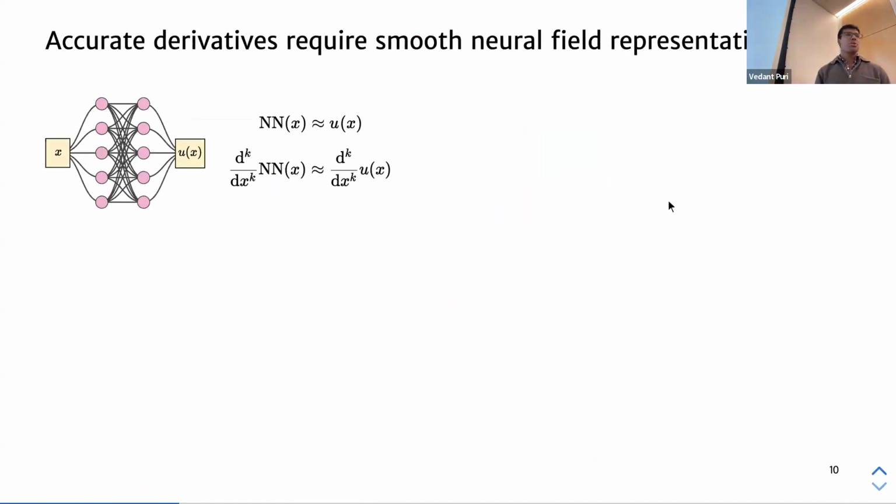Okay, so you would expect this to be the silver bullet, but there is still one more problem when it comes to neural field reduced order models. Specifically, it is the following. When you regress a continuous function using a neural network, what you would expect is not only that the model prediction matches the target function, but also that higher order derivatives of the neural representation match those of the target function.